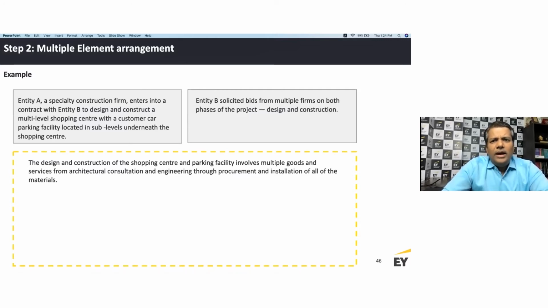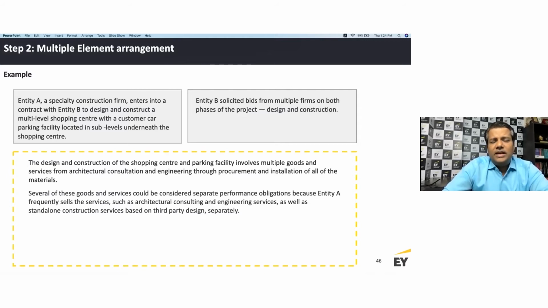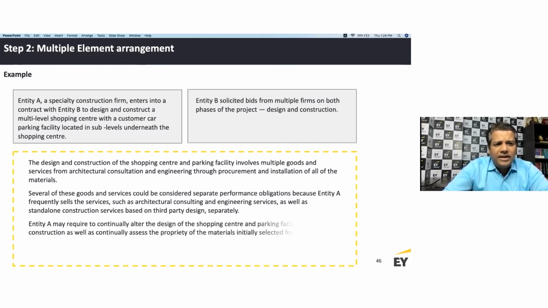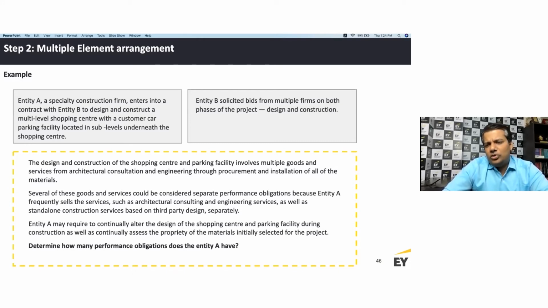So now, when you look at this, the design and construction of the shopping center and the parking facility involve multiple goods and services, from architectural consultation and engineering through procurement and installation of all the materials. So the whole question is: how many performance obligations do I have here?